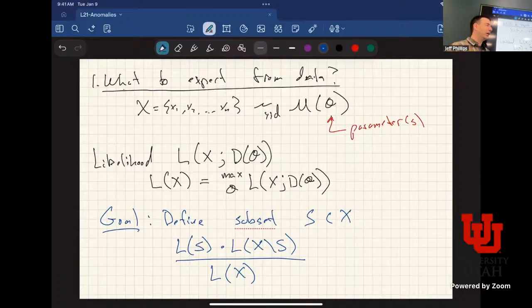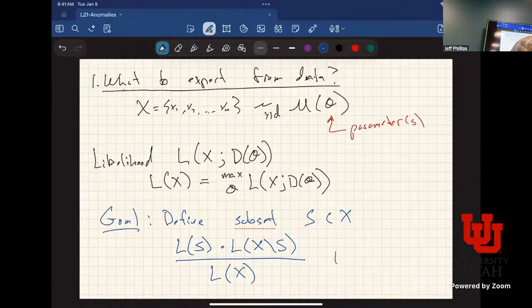This is called the likelihood ratio. We're going to define an example of this, derive the likelihood probabilistically using a statistical model, but this way of comparing is a pretty standard way of doing it.